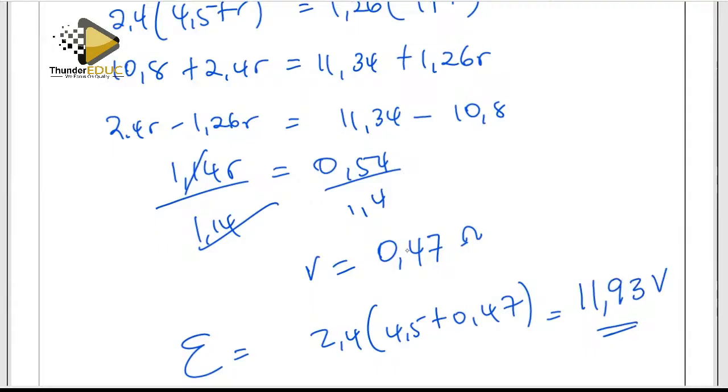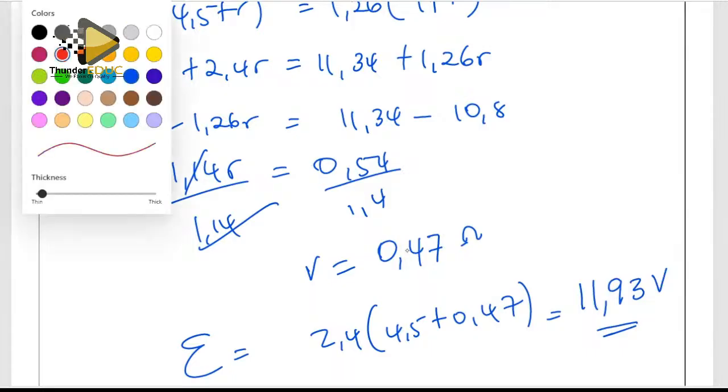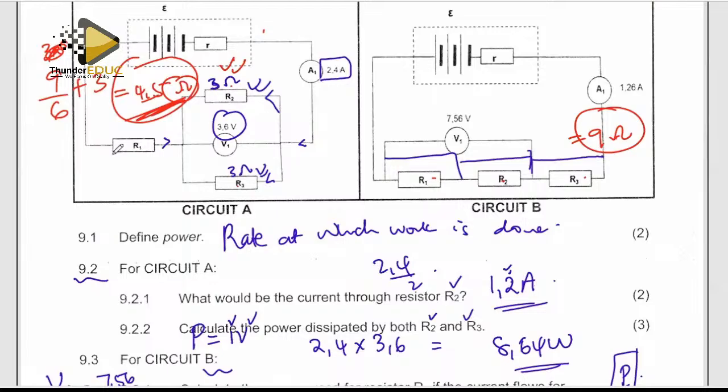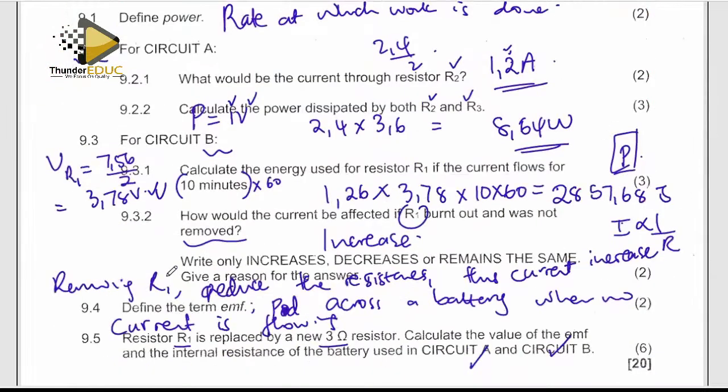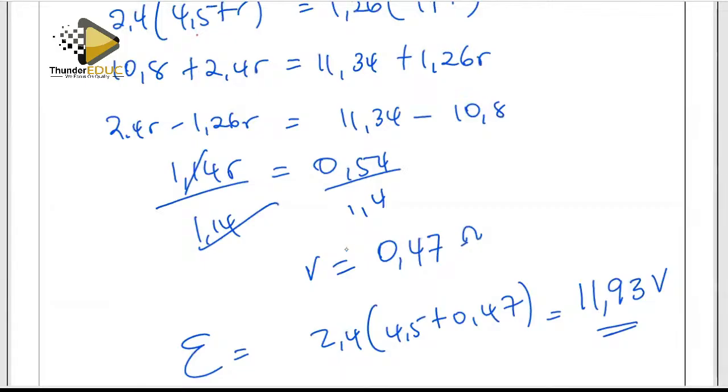If we had rounded off, did they tell us about rounding off the internal resistance? No, they never told us. If we were to round these to approximately 0.5 ohms, then we were meant to get something like 12 volts for the EMF, which is pretty reasonable.